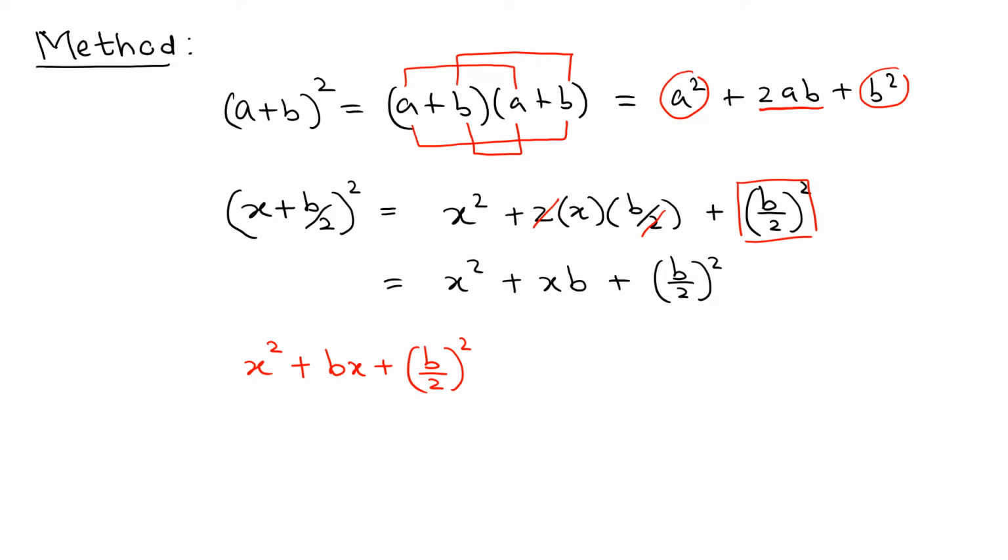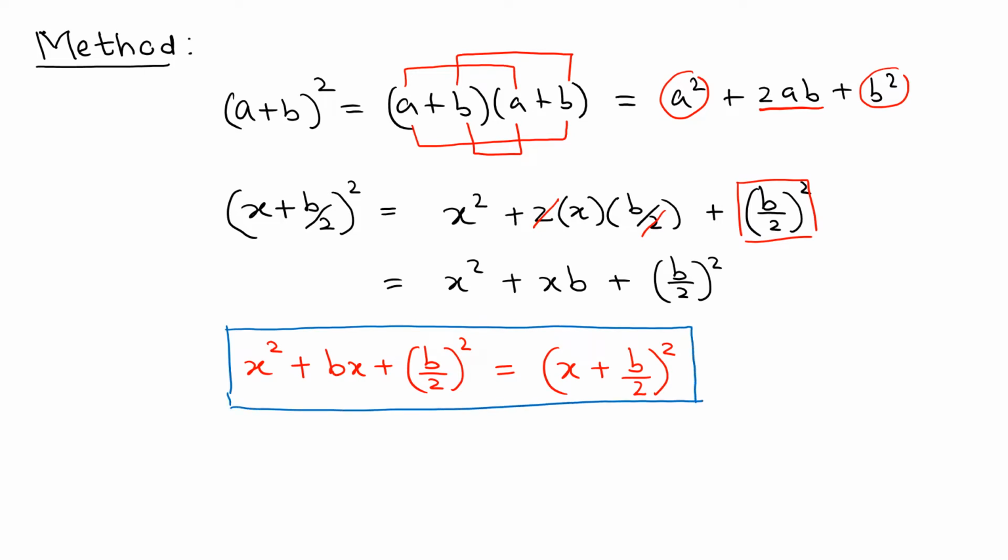So what we do is we take half of that and square it. So that is the special term. And this equals, according to this, so what I do is I just write backward. That's the only thing I'm doing. So this one is going to be x plus b over 2 squared. It's always the case. So b can be positive or negative or even 0. It doesn't matter. So that is the formula. This is what we use as the formula for completing square. That's the completing square method, but we write it backward.